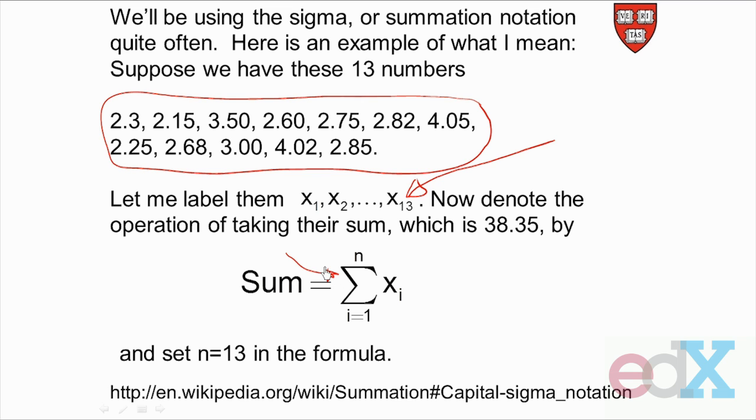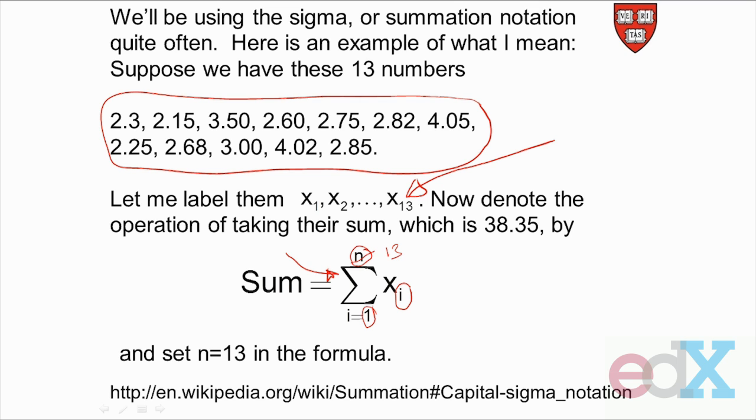So that's the capital letter sigma. It's a capital S in Greek, and there it is. So we're going to have i, because there's 13 numbers, i is going to run from 1 to 13. So we'll set n equal to 13 in our current application.